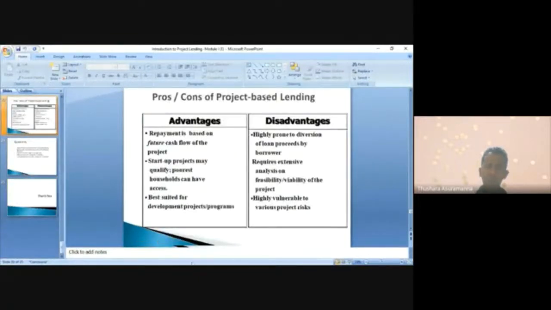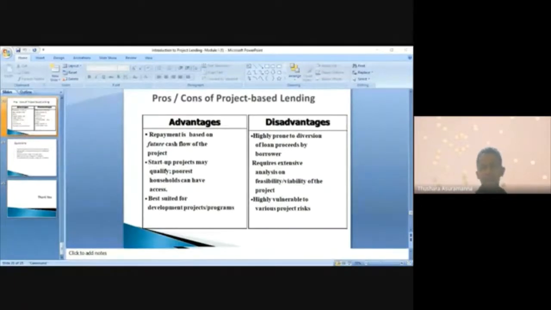What are the advantages and disadvantages of this as well? Now, the first advantage: repayment is based on the future cash flows of the project.